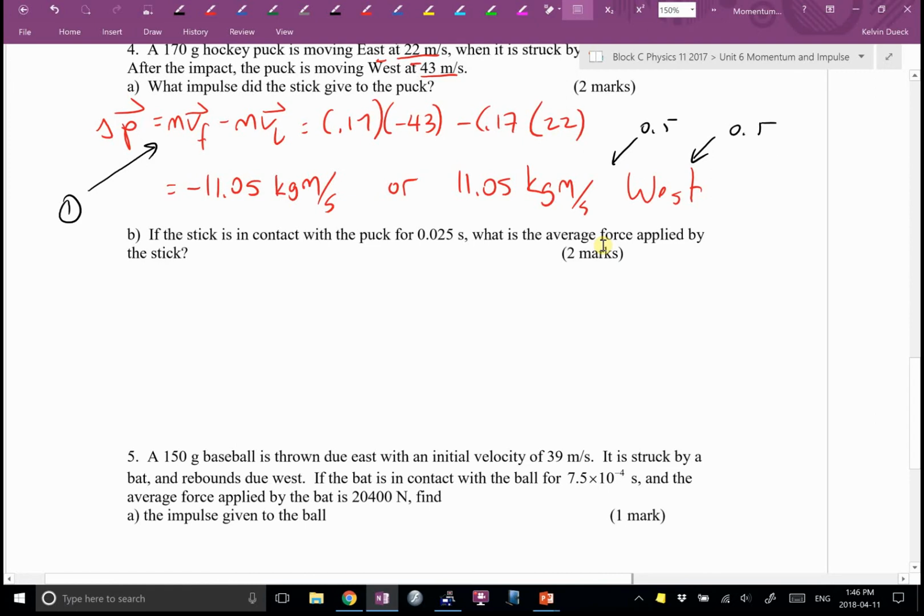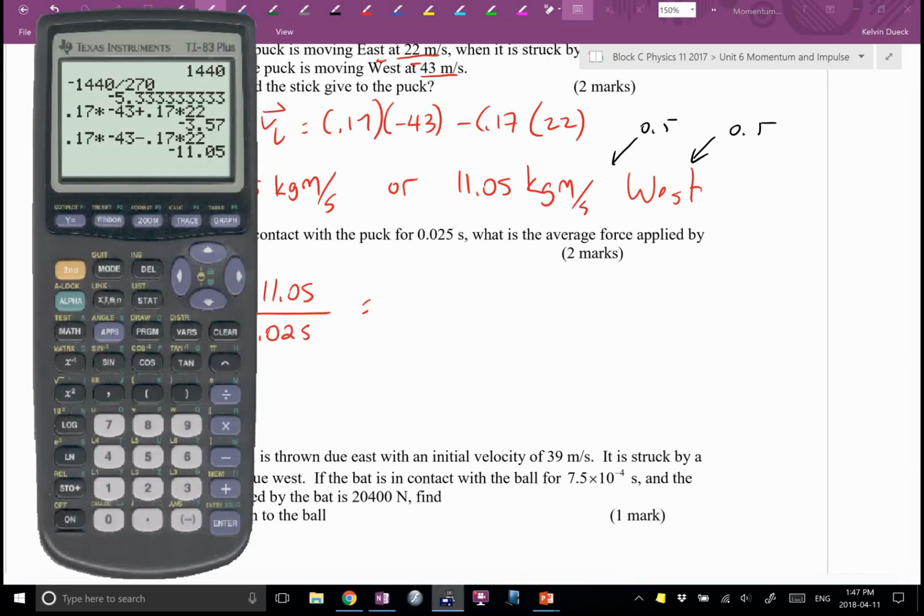Brian, what's B want me to find? I could probably use F equals MA, and I could probably find A. What did I find in part A? You know what? I think I can say force equals impulse over time. It's going to be 11.05 divided by 0.025.